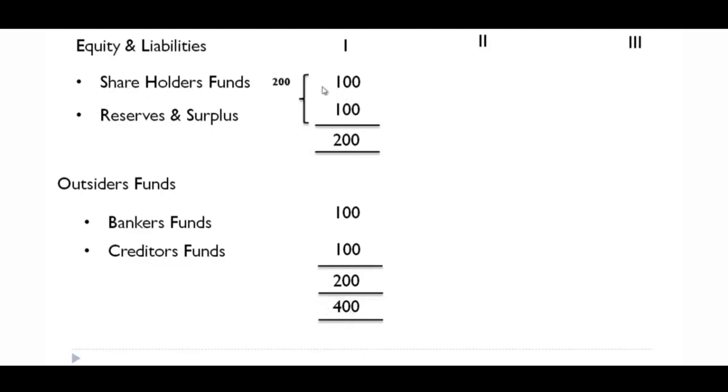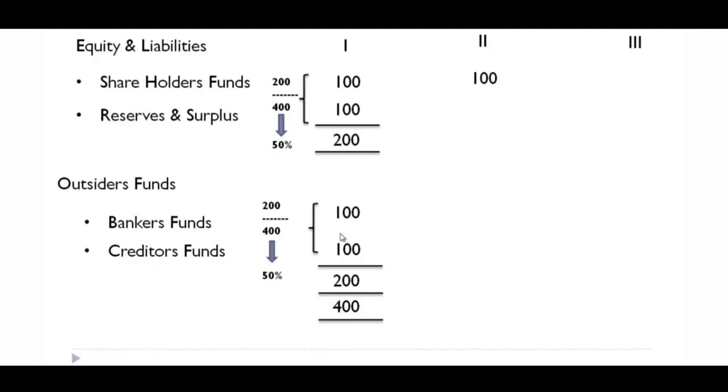So the shareholder funds constitute how much? 50% of total funds. The outsider funds is also 200 on 400, which is 50%. So here you can understand that owners and outsiders are in equal proportion. They have contributed 50-50.